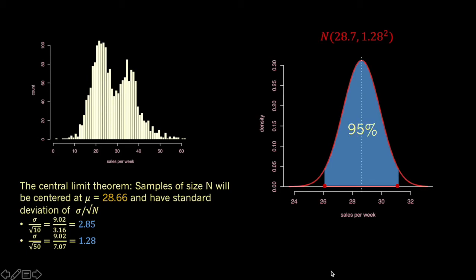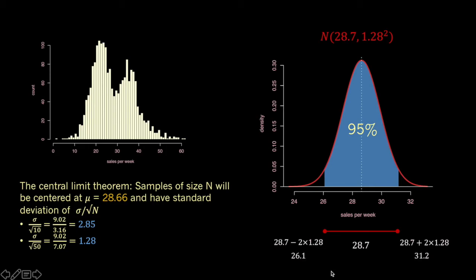It turns out that if you create an interval, 2 standard deviations on each side of the mean, that interval is going to create a region such that the area under the curve is 95%. We centered at 28.7, and it's 2 standard deviations on each side, so 2 times 1.28 on each side.